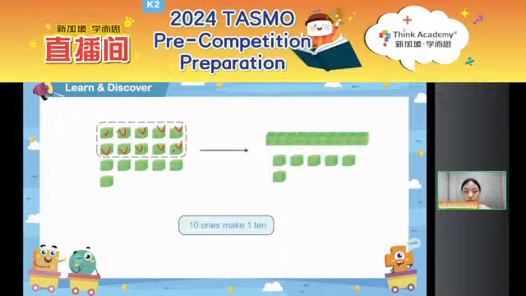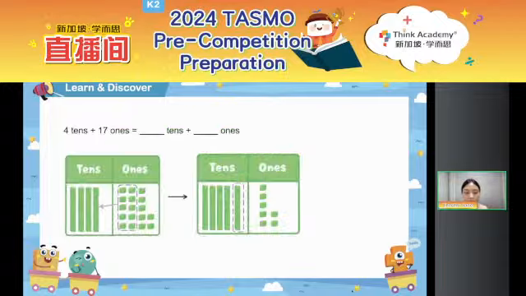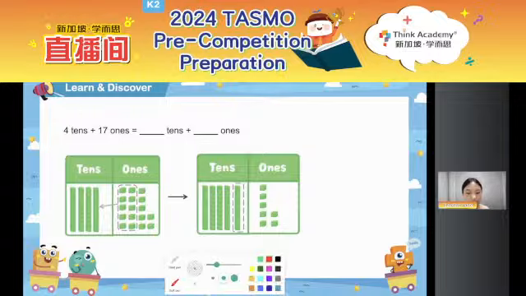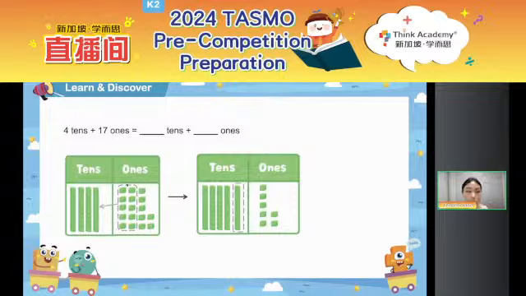So everyone, this time we want to do some more questions. Can you tell me 4 tens plus 17 ones equals how many tens and how many ones? Okay, so everyone, we can see that 4 tens plus 17 ones, because we need to regroup them as tens and ones.